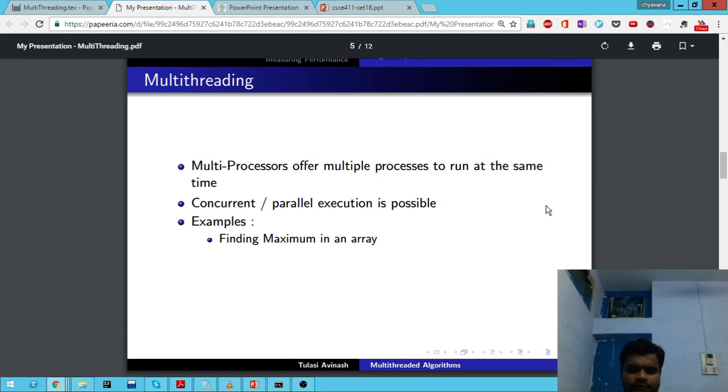We have a few examples, and yes, one more thing. We also should understand if we can adapt multi-threading to a particular algorithm or not.